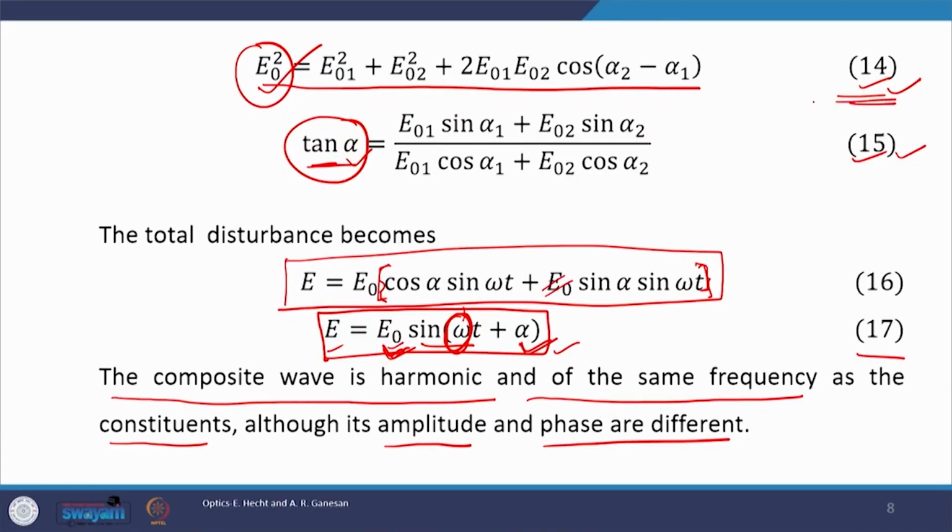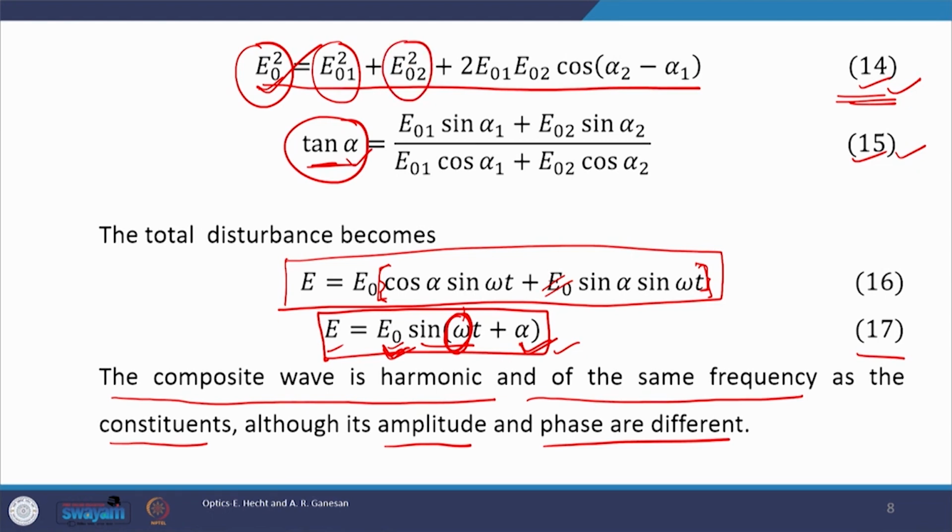Now, if you see equation number 14, what are the informations which can be extracted out of equation number 14? E naught is the resultant amplitude, and the first term here is the square of amplitude of first wave, second term here is the square of amplitude of the second wave.